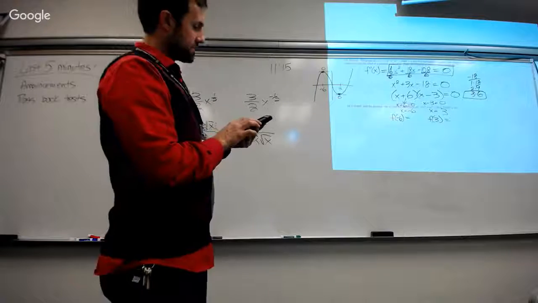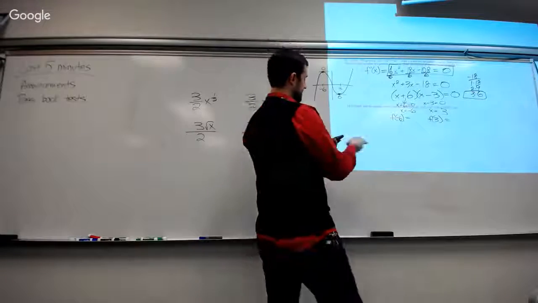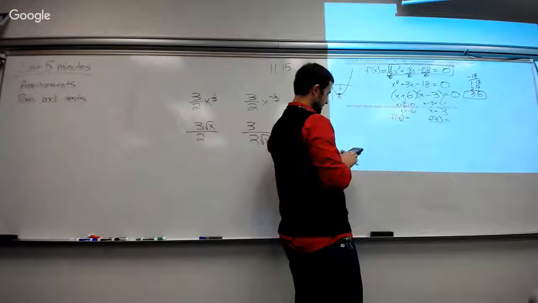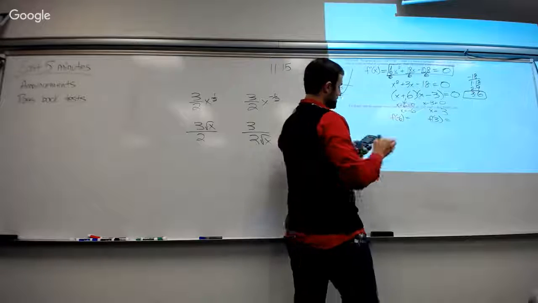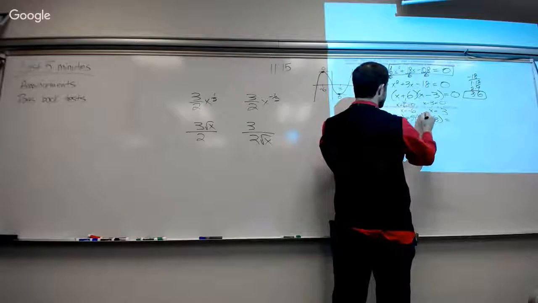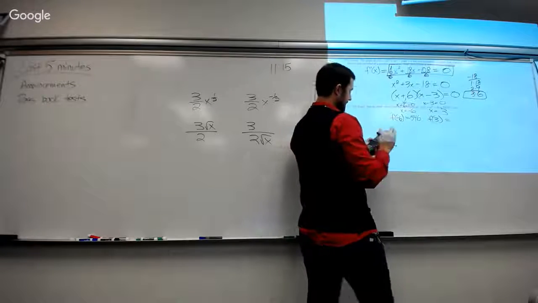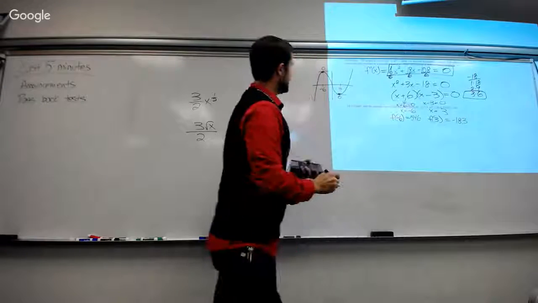And then once you graph it, you can use your second calc feature to find the value of negative 6. Oh no, it didn't do it. That's okay, I'm going to use my table. So the location at negative 6 is 546. And the location at 3 is negative 183. There, good, that makes sense.